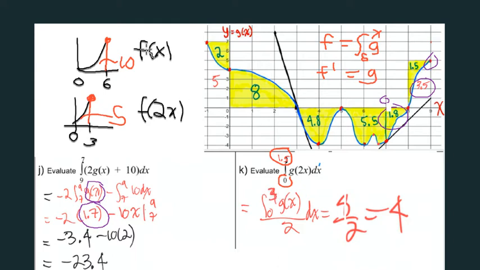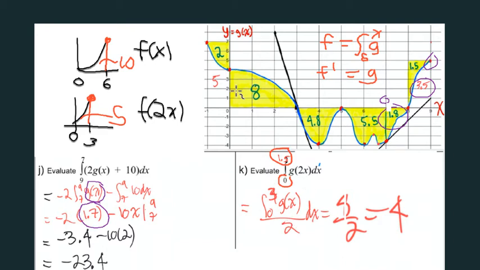Just like here, see where f at x is 0 to 6, f at 2x is 0 to 3. So if I'm going from 0 to 1.5 on 2x, that means I'm going from 0 to 3 on g of x. But again, I'm going to have to divide by 2. Makes sense, right?